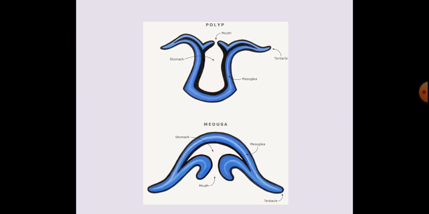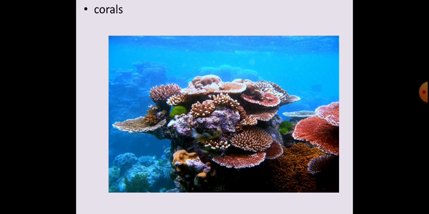This one is umbrella shape. This is polyp, cylindrical shape, and this is medusa, umbrella shape. Umbrella shape body form is called medusa, and cylindrical shape body form is called polyp.